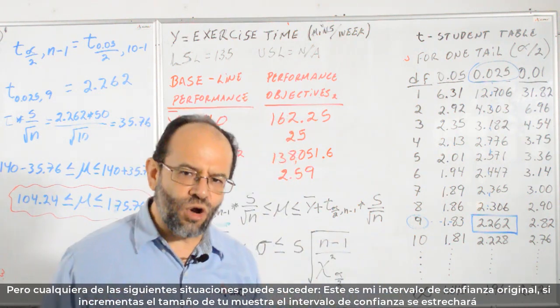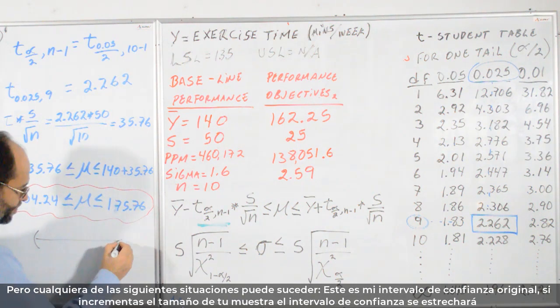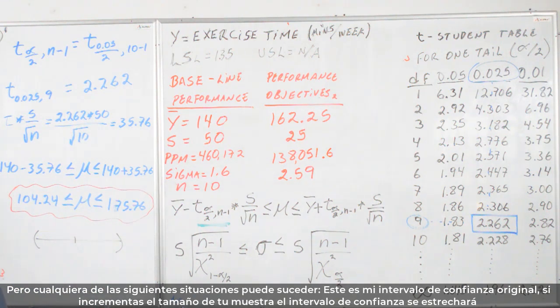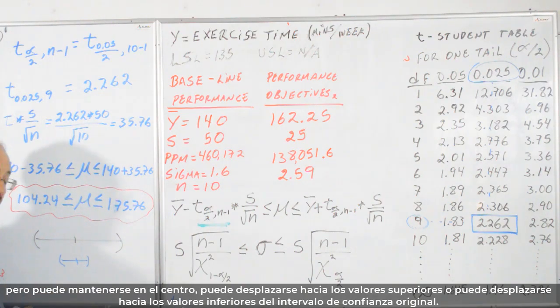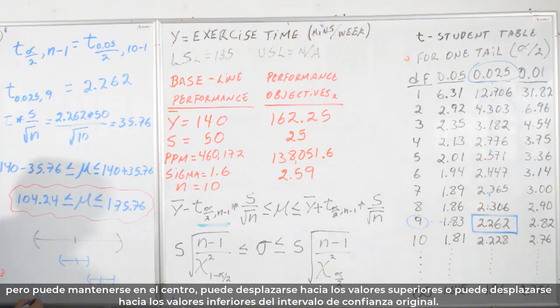But any of the following things can happen. This is my original confidence interval. If you increase your sample size, it can happen this. But also, it can happen this. Or also, it can happen this.